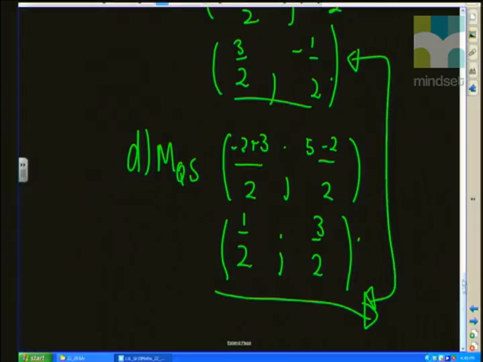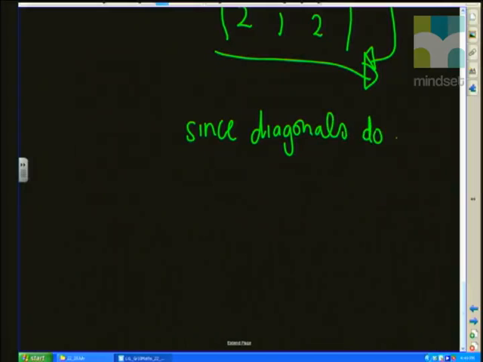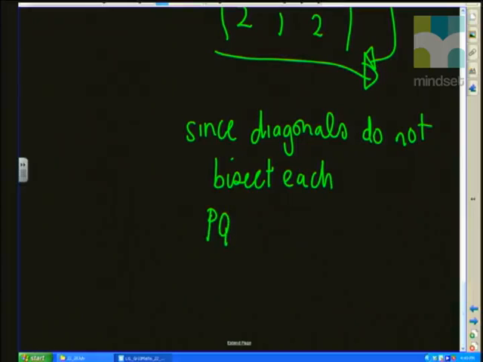So we've disproved. So since the diagonals do not bisect each other, PQRS is not a parallelogram.